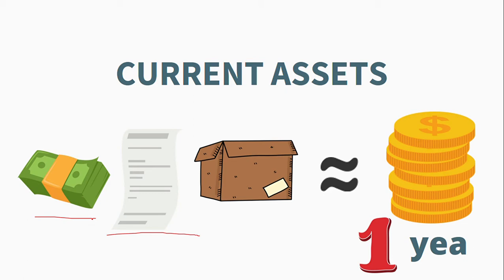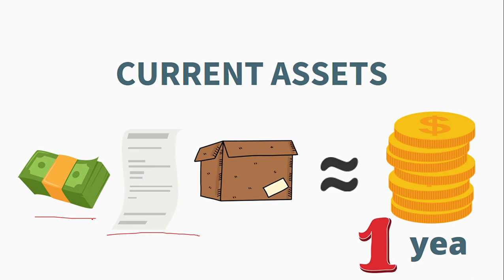For instance, there is a strong likelihood that many commonly used FMCG goods, the fast moving consumer goods, produced by a company can be easily sold over the next year. Inventory is included in the current assets, but it may be difficult to sell land or heavy machinery, so these are excluded from current assets.